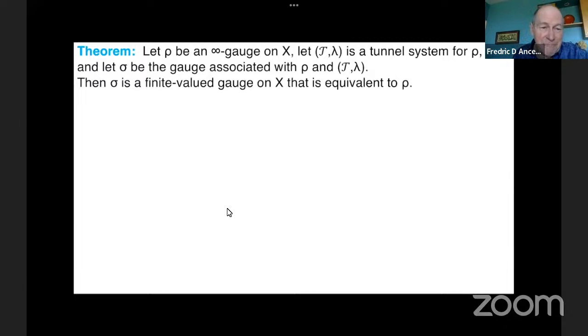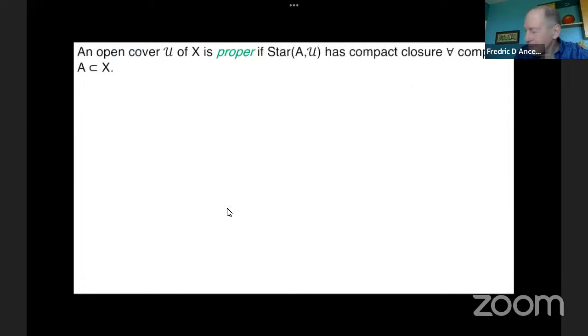infinity gauge. And then how do you make that gauge proper? That's the challenge. So any questions? No. Okay, and so the idea is this, that we'll call an open cover proper if when you start with a compact set and you take the star of the compact set, that has compact closure.